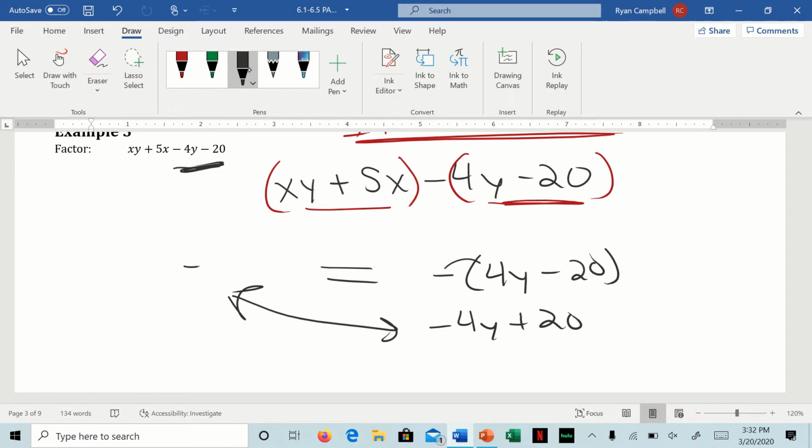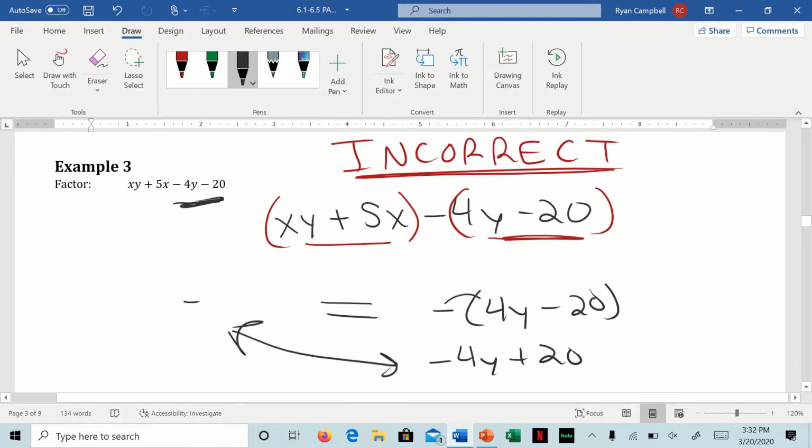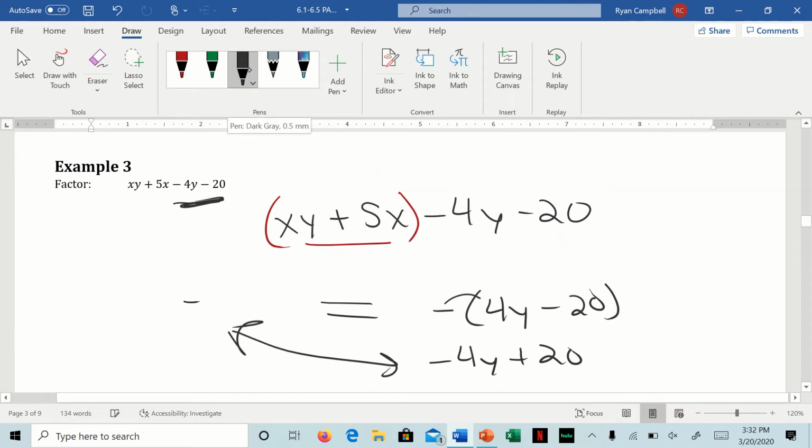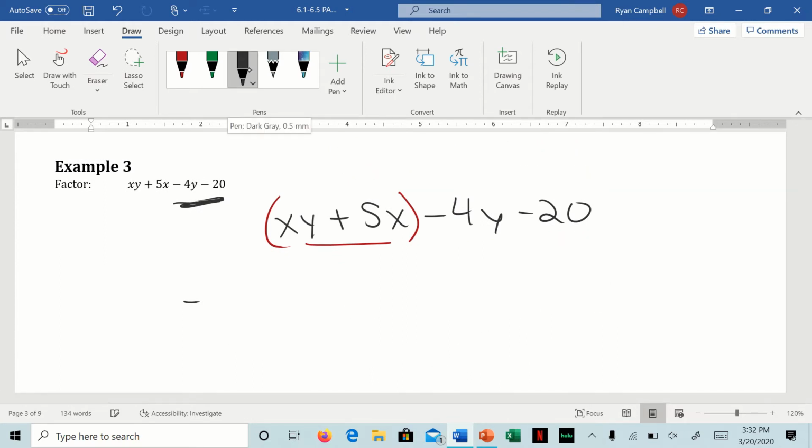The better way to do it, the correct way to do it, is as follows. You always want to make sure that you are adding these 2 groups. What are you always doing? You're adding the groups.